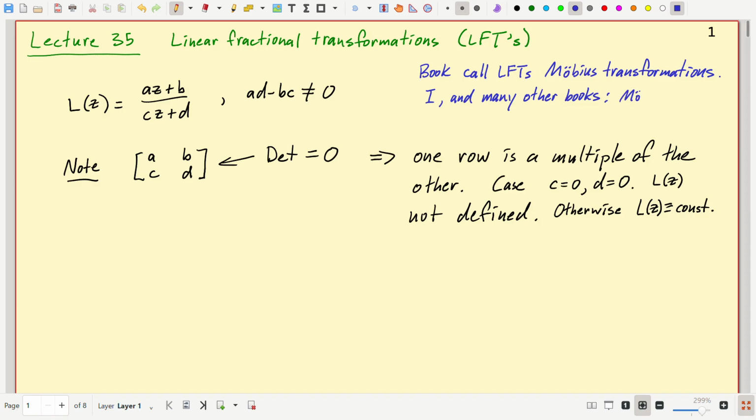So the Möbius LFTs look like z minus a over 1 minus a bar z. Those turn out to be the one-to-one onto conformal self maps of the unit disk to itself.